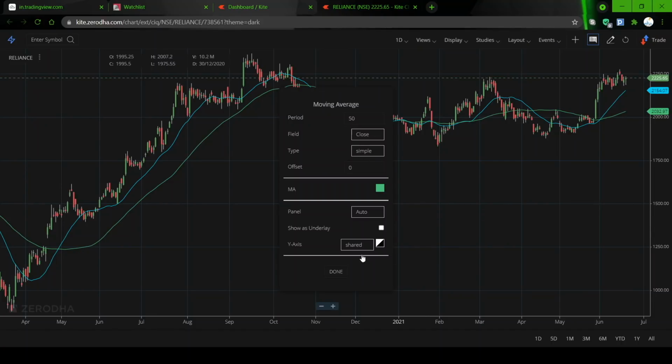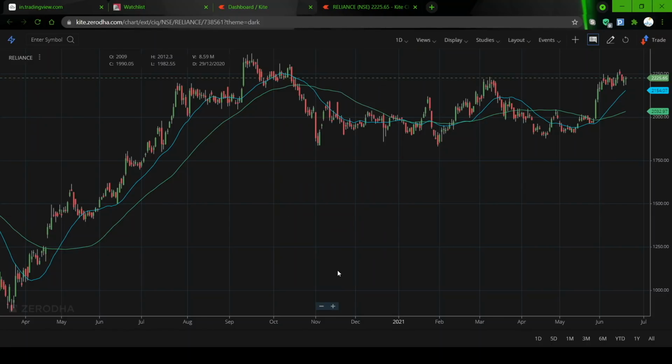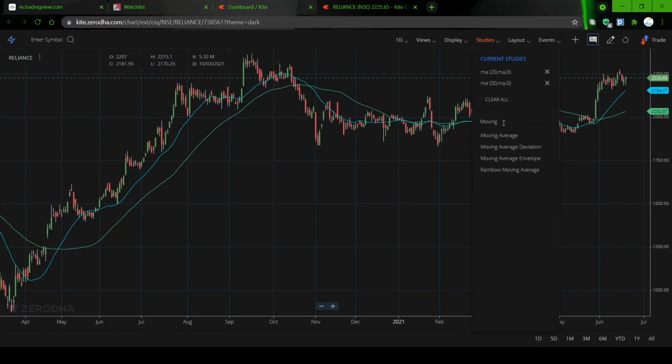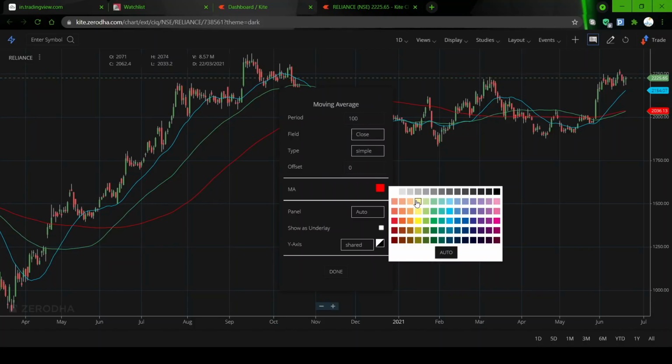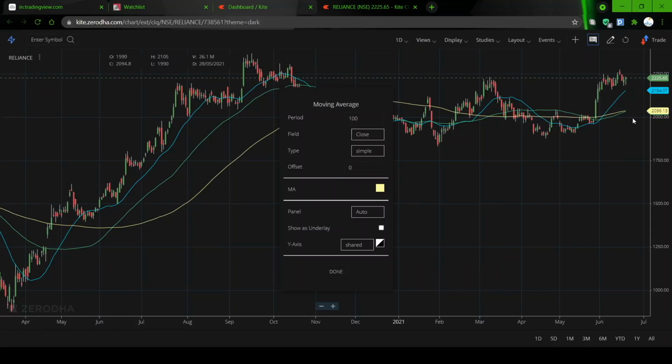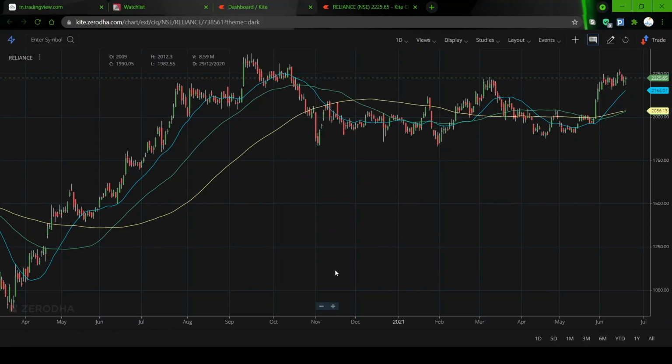Again it is a simple moving average. 50 period means the moving average of the last 50 days. Then we will add a 100 moving average, the 100 days moving average of the stock price, and keep it yellow.